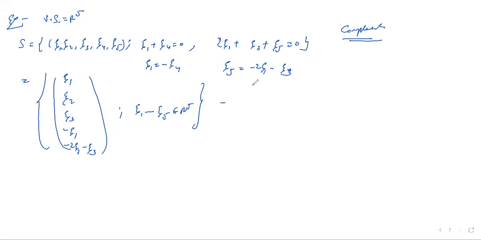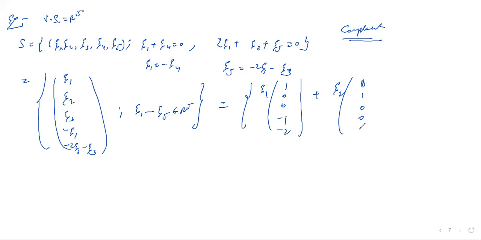If I take E1 common, I get 1, 0, 0, minus 1, minus 2, plus E2 times 0, 1, 0, 0, 0, plus E3 times 0, 0, 1, 0, minus 1.